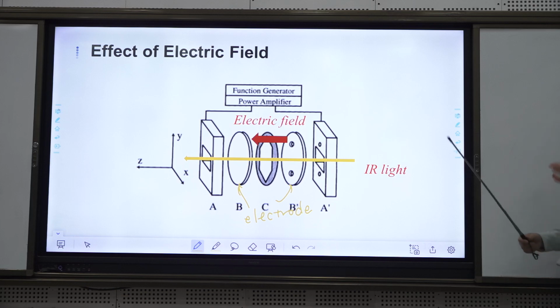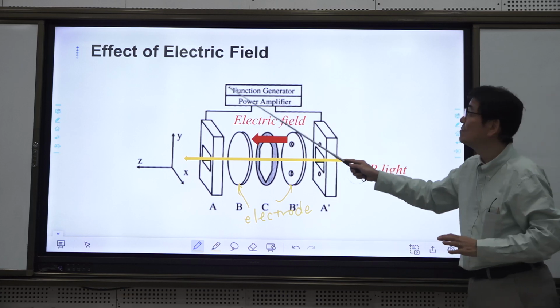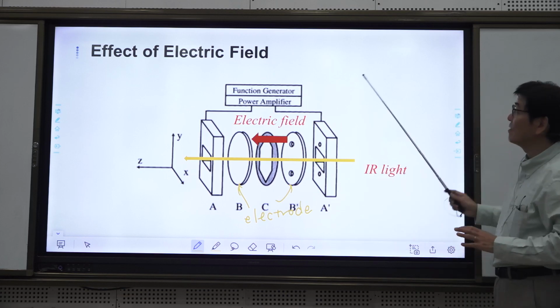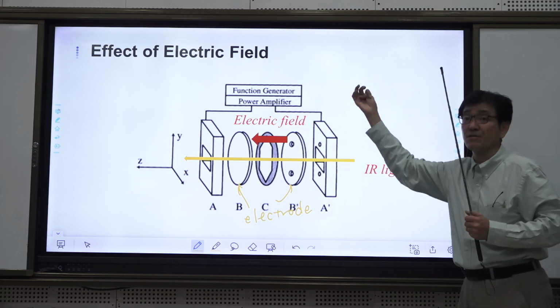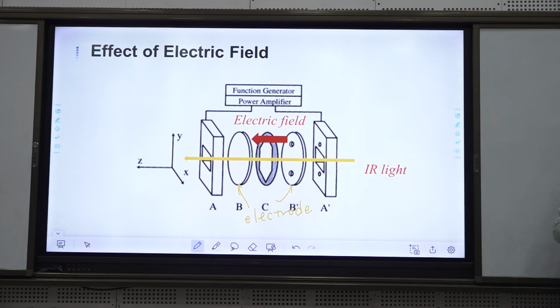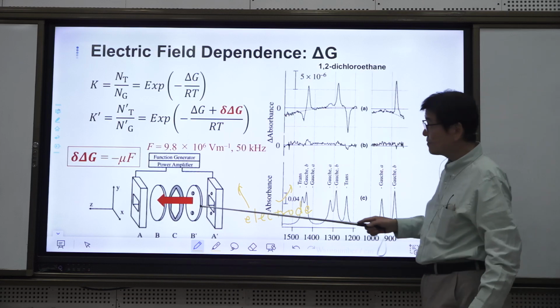So we can prepare some setup to change the temperature or electric field or some parameters, and we can examine several thermodynamic properties. When we apply the electric field, what happens?